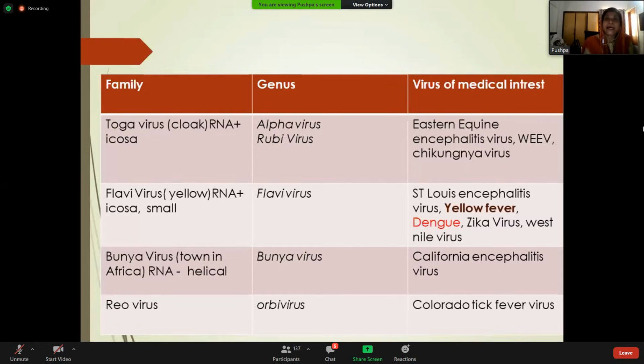And dengue and Zika virus are transmitted through the different species of Aedes aegypti.